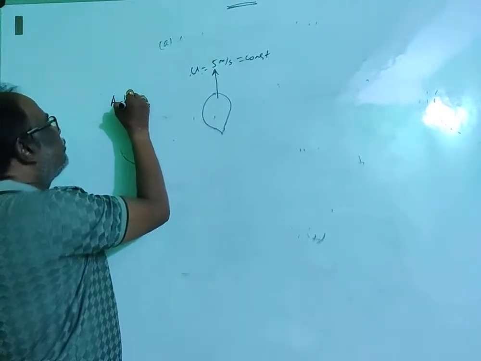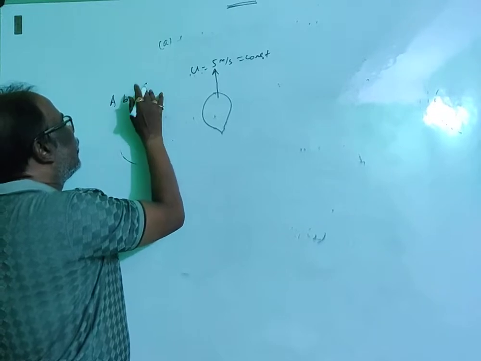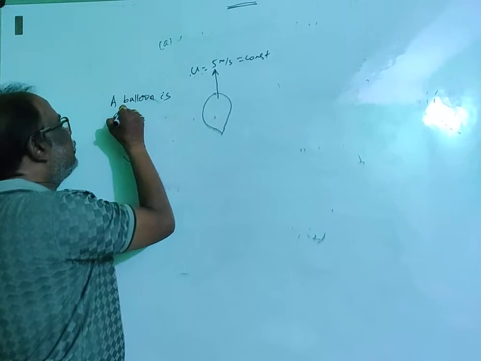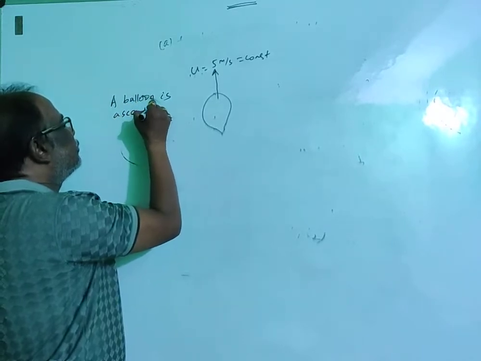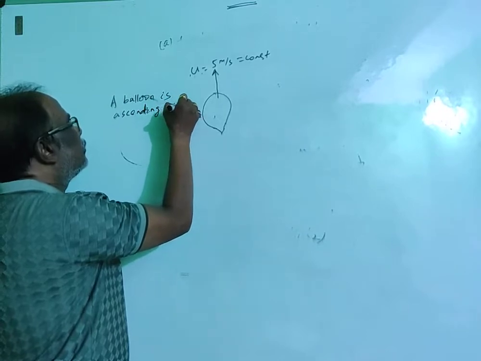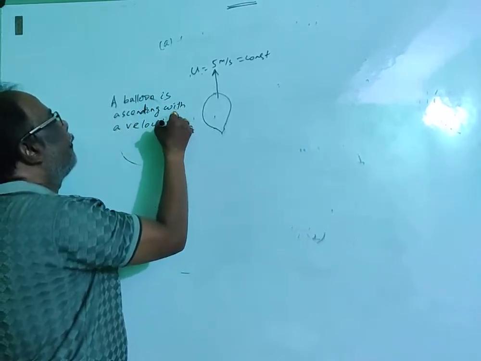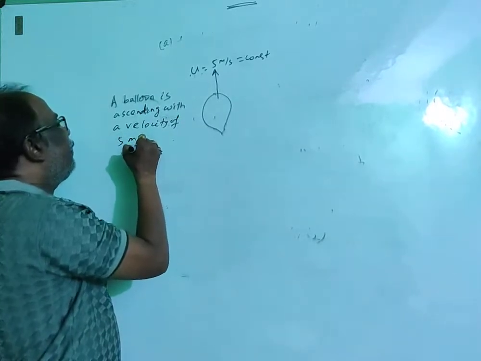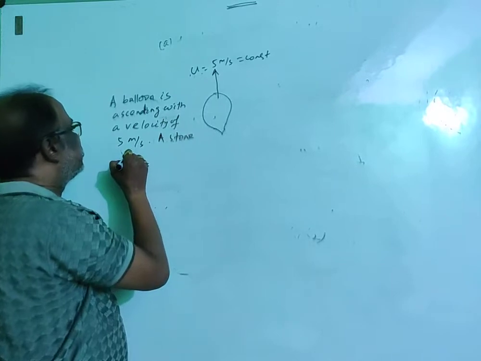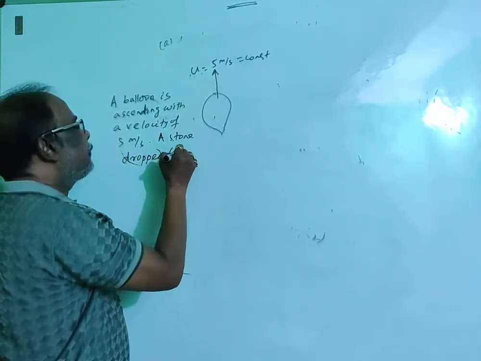A balloon is ascending with a velocity of 5 meters per second, a stone is dropped from it.